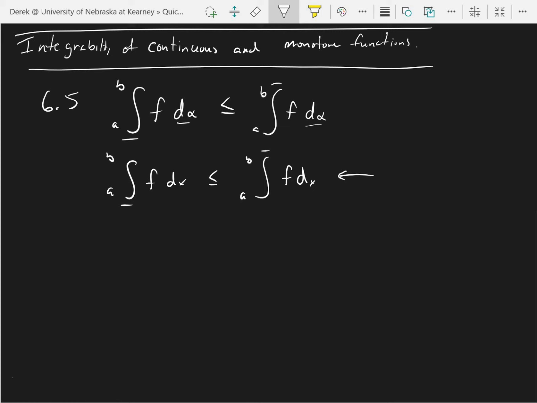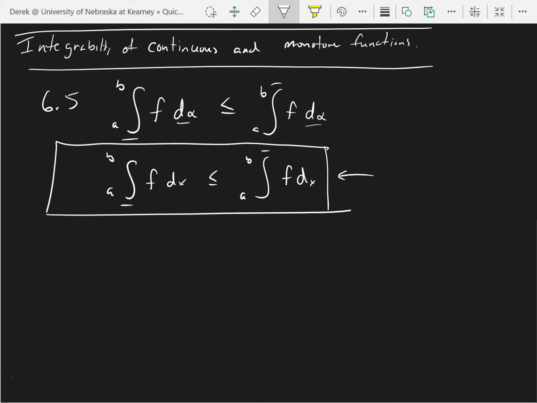Okay, so Theorem 6.5 says this. I think I'm going to leave that as an exercise for you guys to prove.